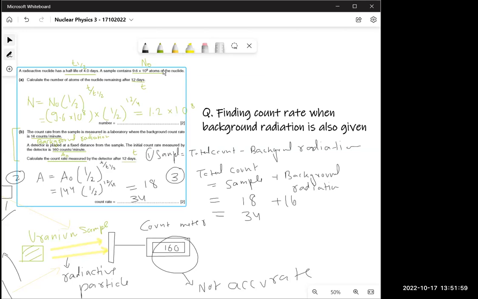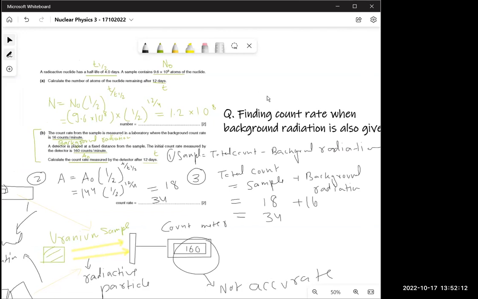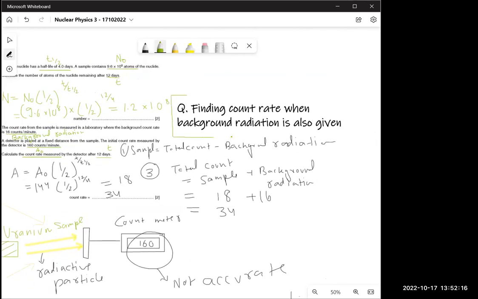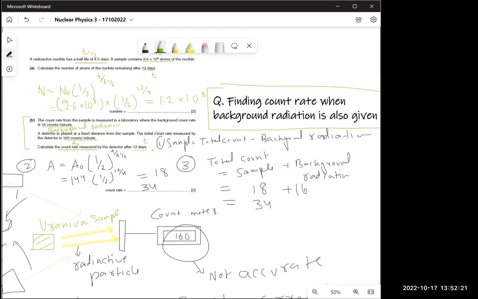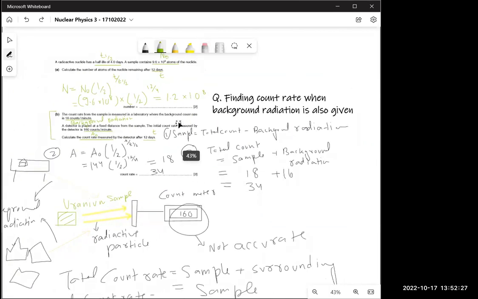Now, Anas, how much have you written? I'm writing the question right now. The second one, the B. Which question? B. You don't have to write that. You just have to write this part. Look, this, and then the answer. Okay. Fine. Don't write that. I'm going to highlight it for you.